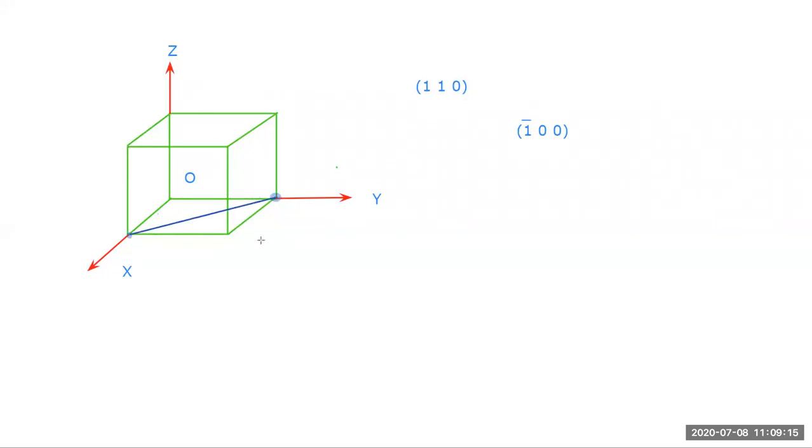Then the same line you have to draw parallel in the opposite plane. What is the opposite plane of this bottom plane? Top plane. So this entire plane contains 4 sides, and this entire plane is 1 1 0. You indicate that with hatch lines, so draw these hatch lines neatly. So this is the plane 1 1 0.